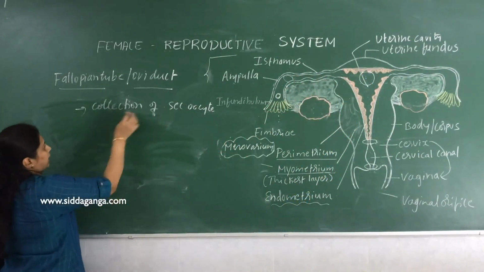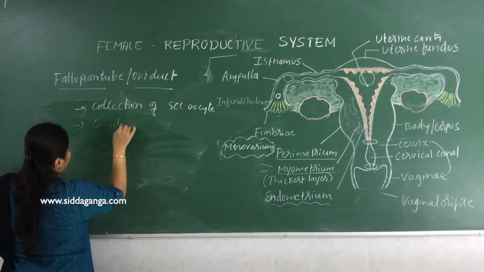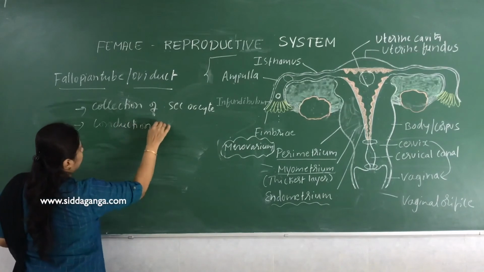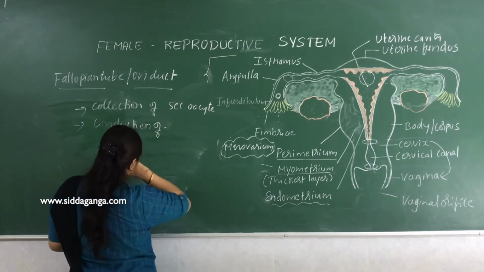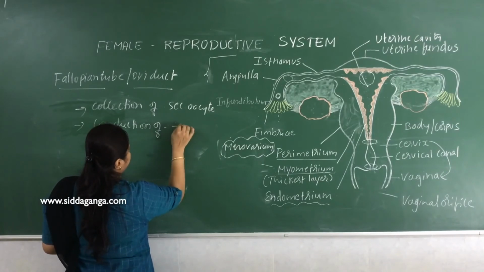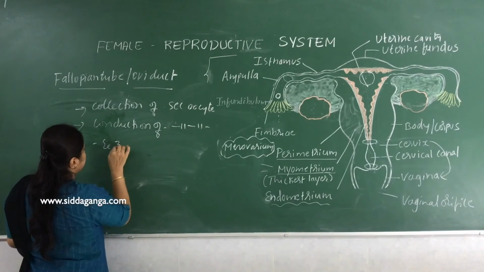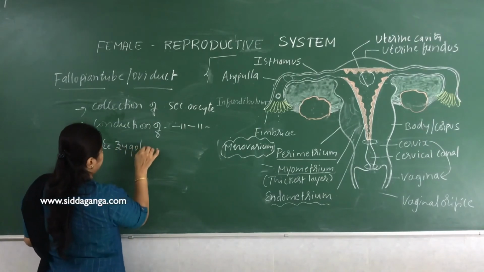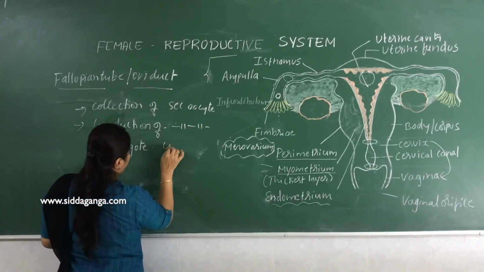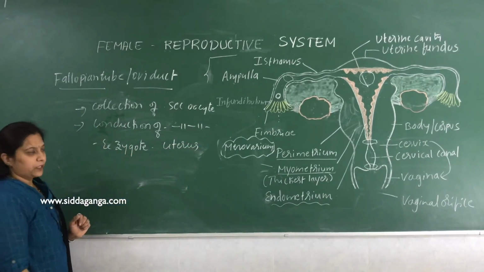One is the collection of the secondary oocyte, and another is the conduction of the secondary oocyte and zygote towards the uterus.